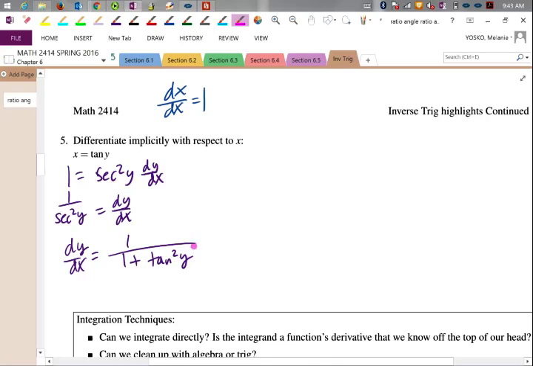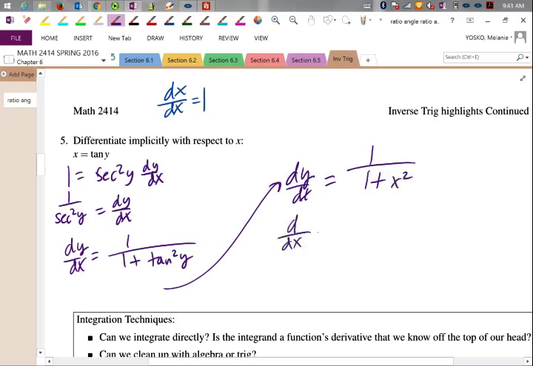Oh, he sees that tan y equals x. So isn't this the same thing as the derivative of y with respect to x is 1 over 1 plus x squared? Or the derivative with respect to x of inverse tan of y, or inverse tan of x rather, right? That's what this is. Do you remember this?